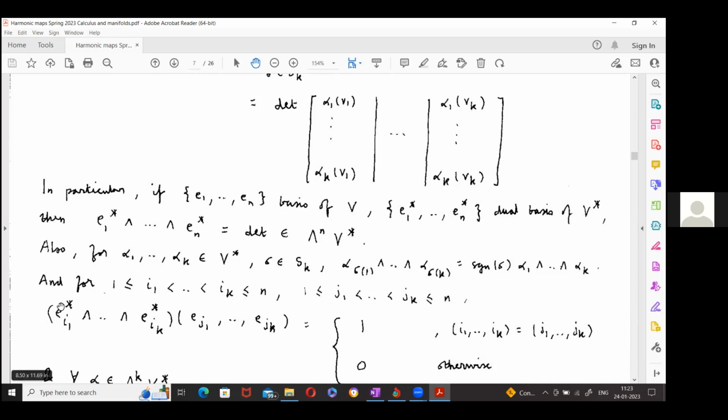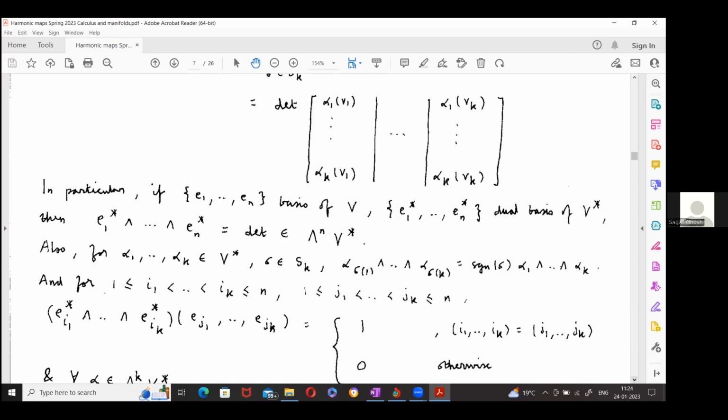Then Ei1 star acting on all of Ej1 to Ejk will become 0, so the first row of this matrix will become 0. Therefore, J1 has to be exactly equal to I1. And similarly, after that, you can show that J2 has to equal I2 and so on. Is that clear? Yes, sir. Okay.